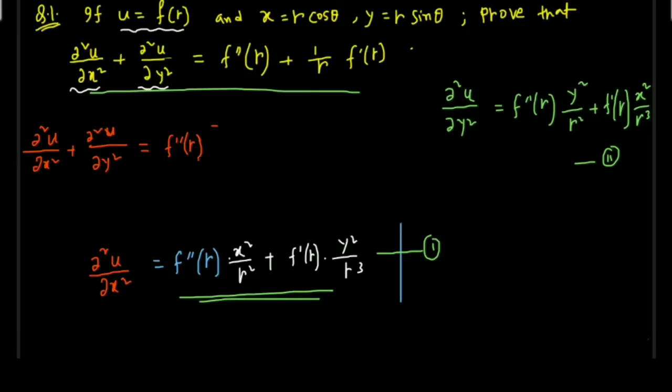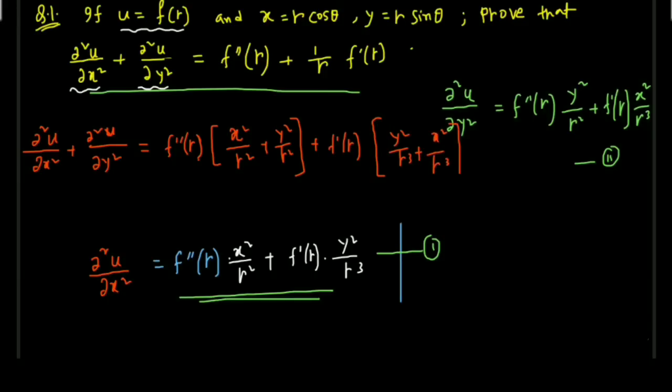So you will get x²/r² from equation 1 and y²/r² from equation 2, plus if we take common f prime r, then you will get y²/r³ from equation 1, and also x²/r³ from equation 2. Now if you solve, you will get the final result.